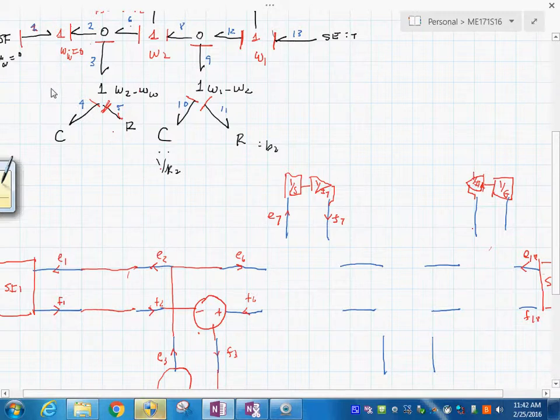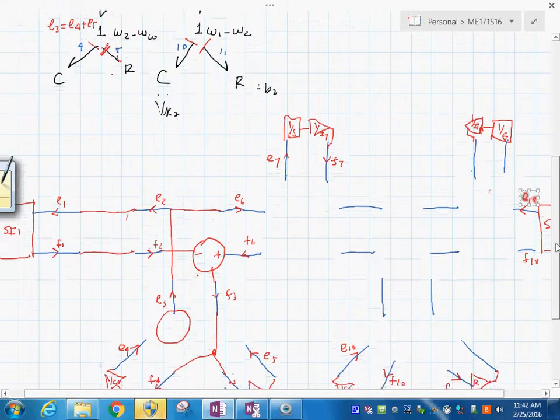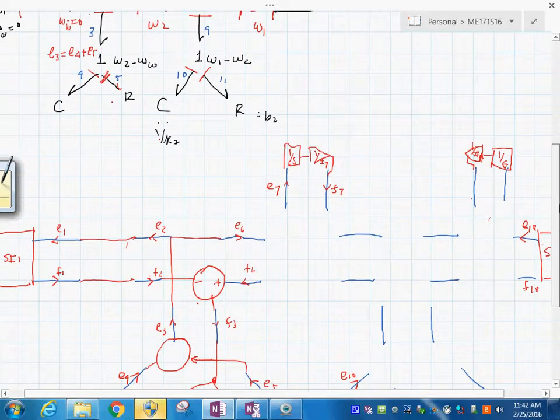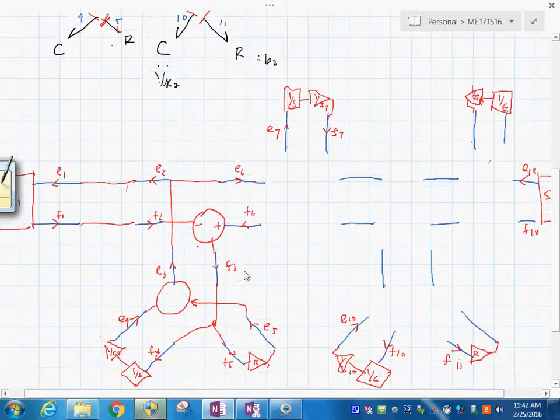And then we have the one over here, this one right here. All the flows are the same. Pretty soon you get the hang of this. All the flows are the same. This one is F sub 8, which is going this way, and E sub 8 is this way. So the efforts will add, but how will they add? They are controlled by the equation, the way the summation is done.